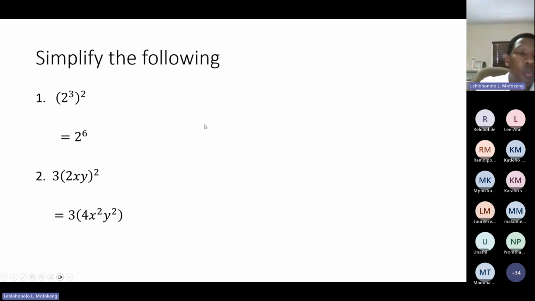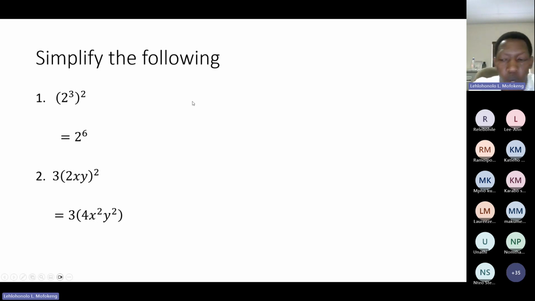We have to simplify the following, applying the law that states that when you raise a power to a power, you must multiply the exponents. So if we look at the first one, it says 2 to exponent of 3 is again raised to exponent 2.